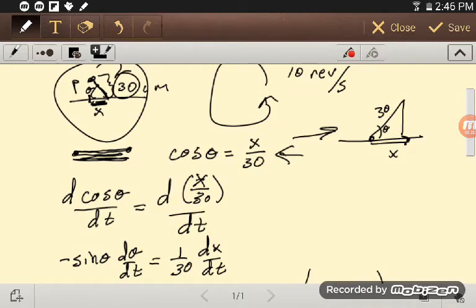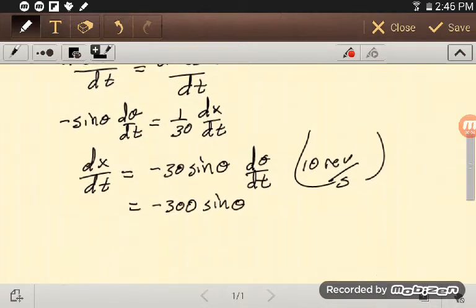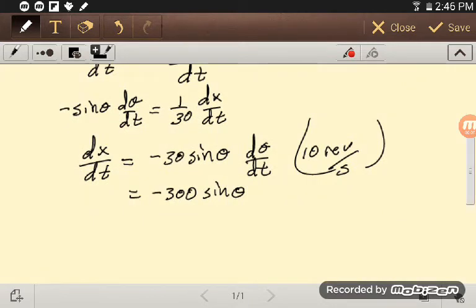As theta increases, the point x underneath P is shrinking until we get right over top of the origin, and then it's getting bigger again, but in the negative direction, so it's still shrinking until we get to theta equal pi, in which case sine is 0 again, and so it would stop and then come back the other way. So that looks good, minus 300 sine theta.